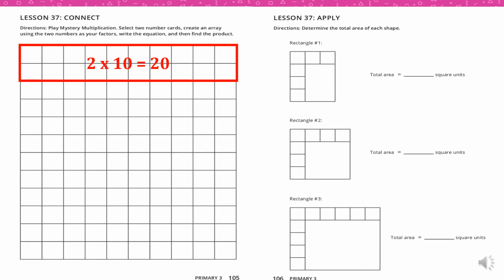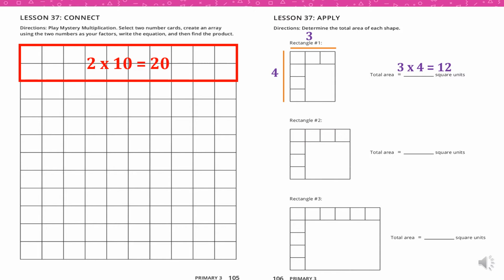But here, if we don't have the total squares, can we find the area? Yes, sure. If we counted the squares in the horizontal line, and we counted the squares in the vertical line, and we multiplied them together, we will find the area. Here in rectangle 1, how many squares here? 3. And here 4. So 3 times 4 equals 12.